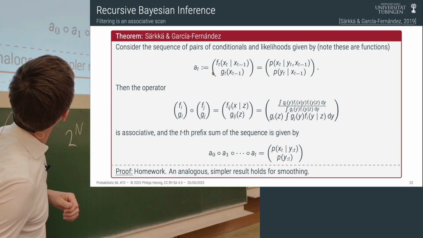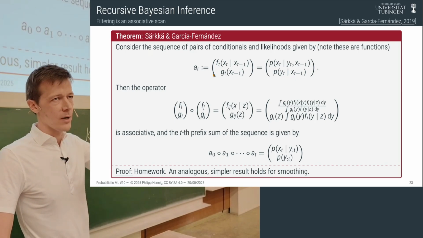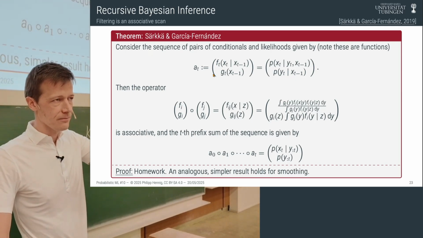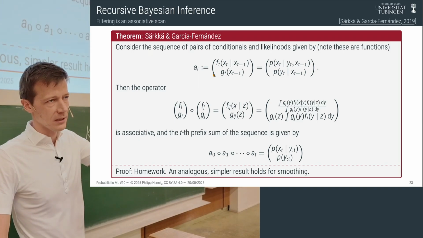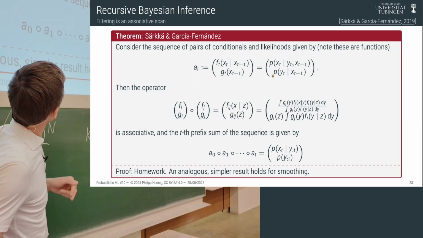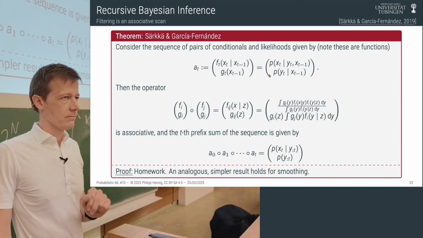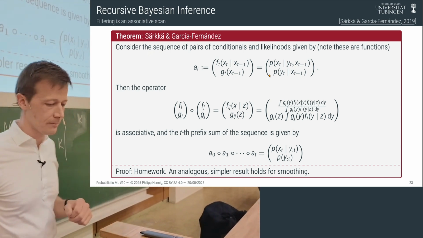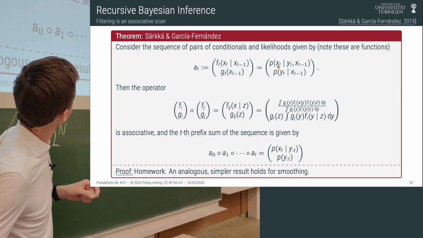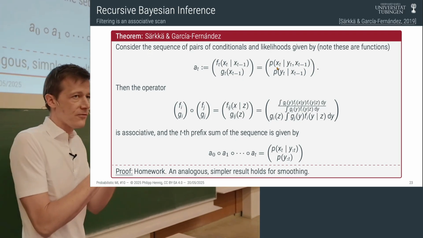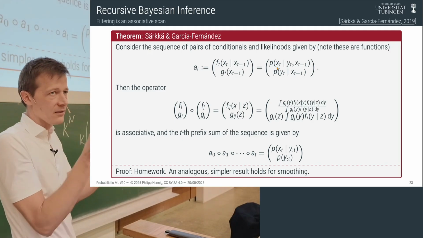So it's a sequence of tuples, pairs, of two functions. One bivariate function, f_t, at time t, and one univariate function, g_t, at time t, which is concretely instantiated for our Bayesian filtering problem by this conditional distribution. So that's the conditional distribution for x_t given y_t and x_{t-1}.